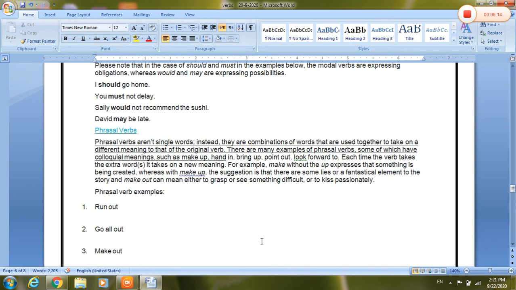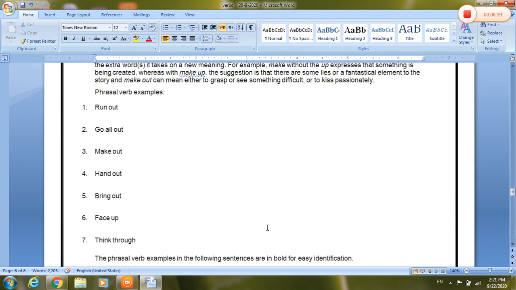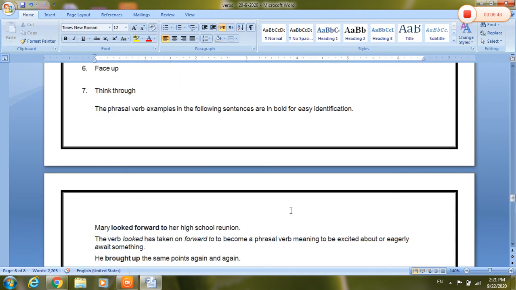We have other kinds of verbs, which is phrasal verbs. Phrasal verbs are combinations of words that are used together to make a different meaning from that of the original verb. Like when I say run out, go all out, make out, it carries a different meaning from the separate words.